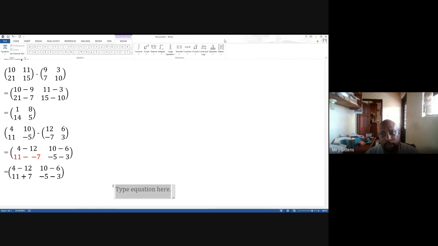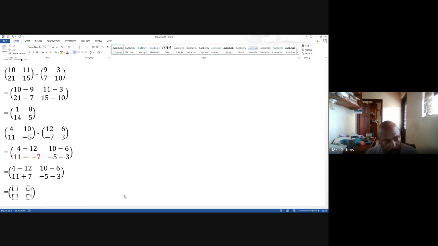Put an equal sign. Now, you have 4 minus 12. 12 is greater than 4, therefore when you subtract 12 from 4, you're going to be in the negative region. It becomes negative 8. 10 minus 6 is simply 4. You have 11 plus 7, which gives you 18.